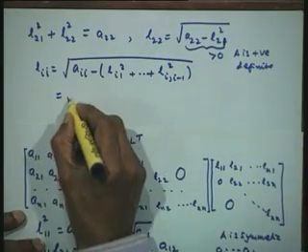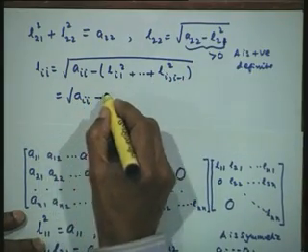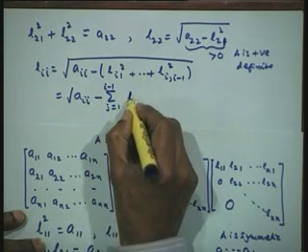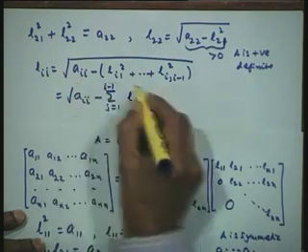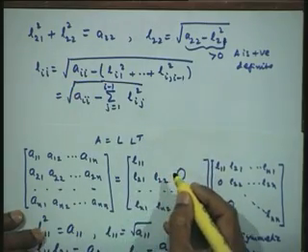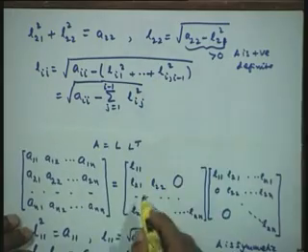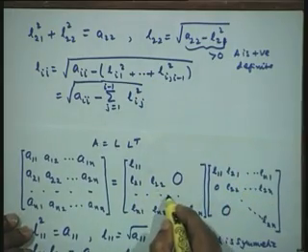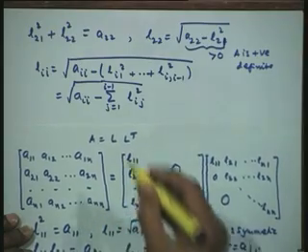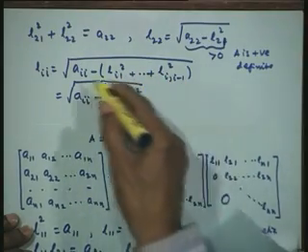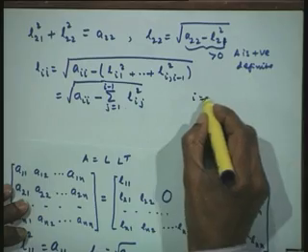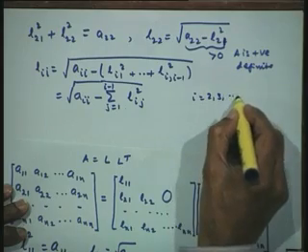Or we can remember it easily by putting this in summation notation, j is equal to 1 to i minus 1, that is Lij square. These are all the squares of all the previous available elements. So we are on the diagonal element, taking the squares of all the previous elements, and that component is subtracted from Aii. That gives me all the diagonal elements, i is equal to 2, 3, so on n.